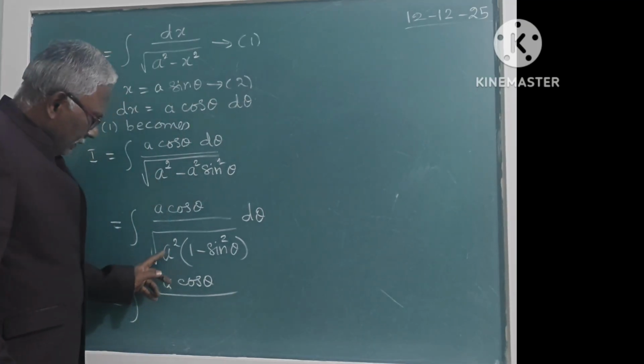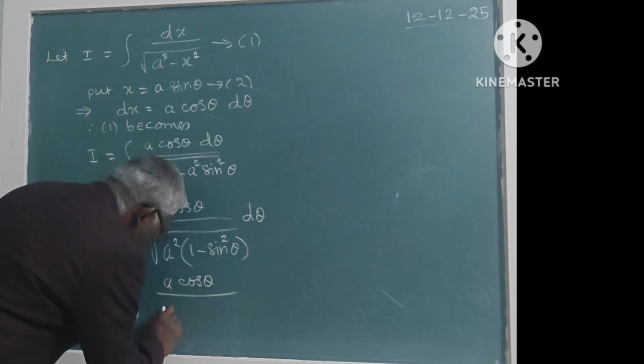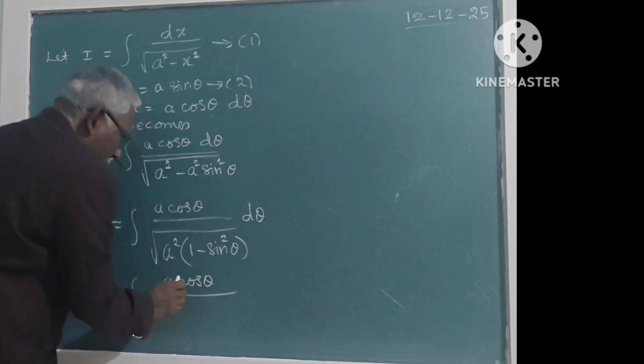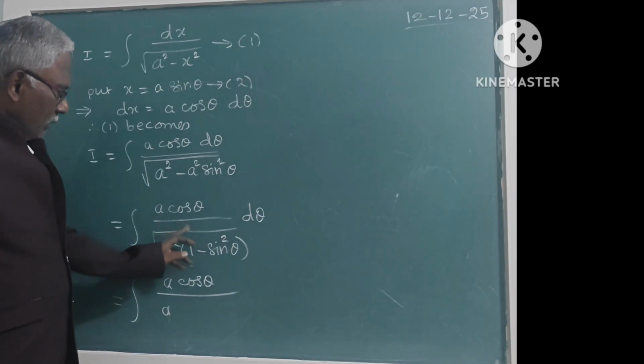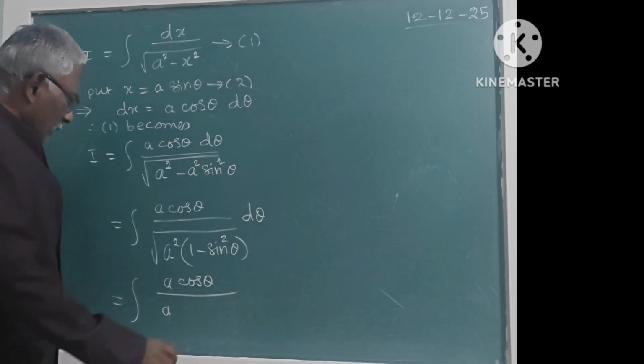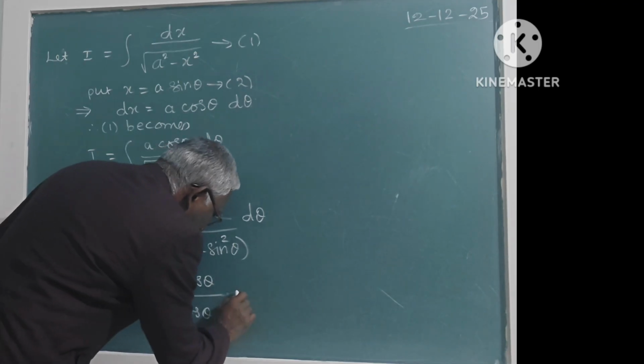If we take a square outside the square root, that will become a, and 1 minus sin square theta is cos square theta, square root of cos square theta is cos theta, so it becomes cos theta d theta.